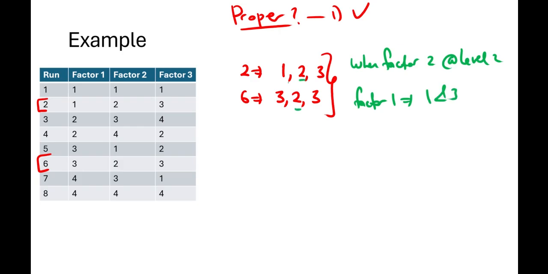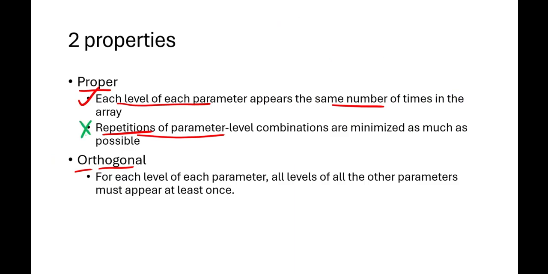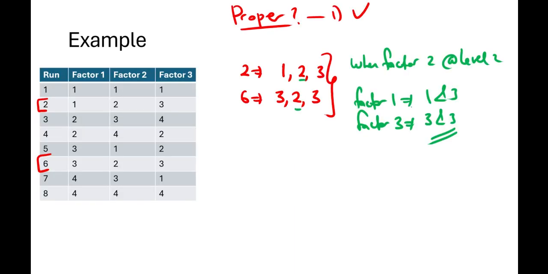Then you check factor 3, which is at 3 and then 3, which is violating rule number 2, because rule number 2 says that you cannot repeat the parameter levels. So when factor 2 is at level 2, factor 1 is not repeated, it is 1 and 3, but factor 3 is repeated twice. Or vice versa, you can say it this way as well. When factor 3 is at 3, factor 2 is repeated as 2 and 2, which is the violation of rule number 2.